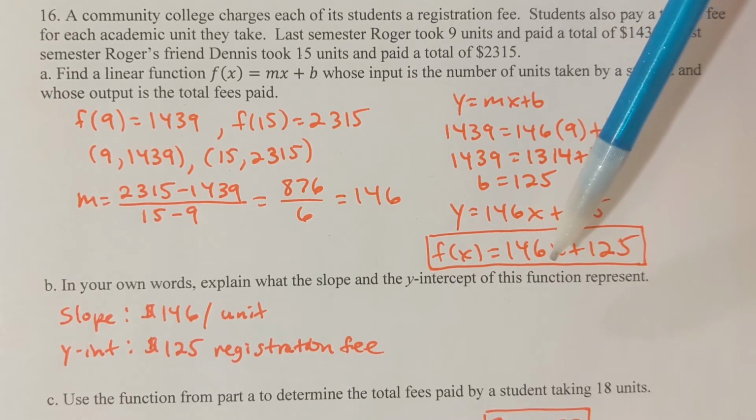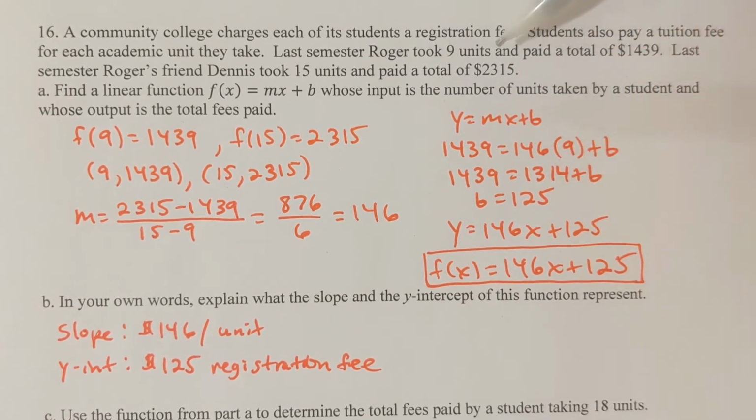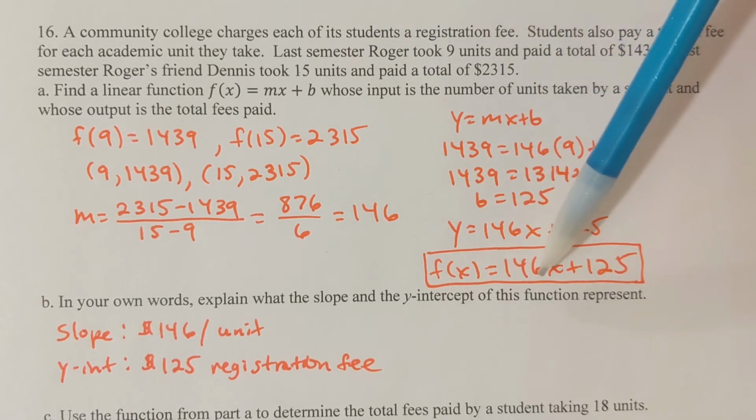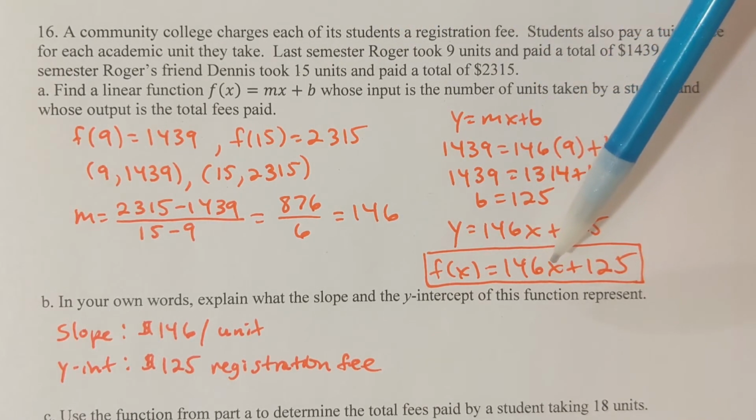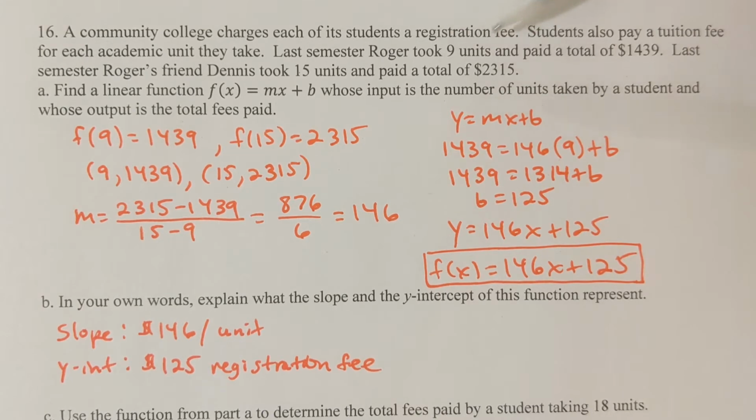All right. Now, the b value, earlier in the problem here, it says that a community college charges each of its students a registration fee. There's also a tuition fee, which we've already figured out is $146 per unit. Okay, now they didn't tell us this registration fee, but we can now figure out what that amount is.